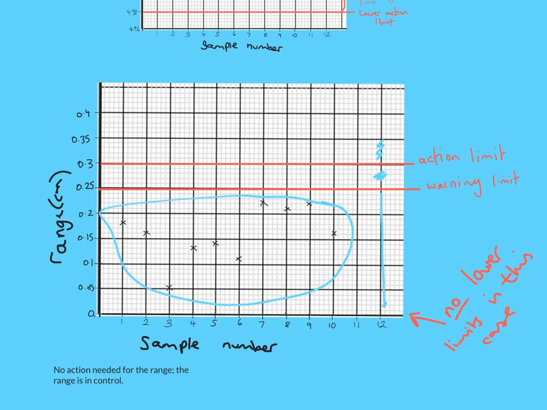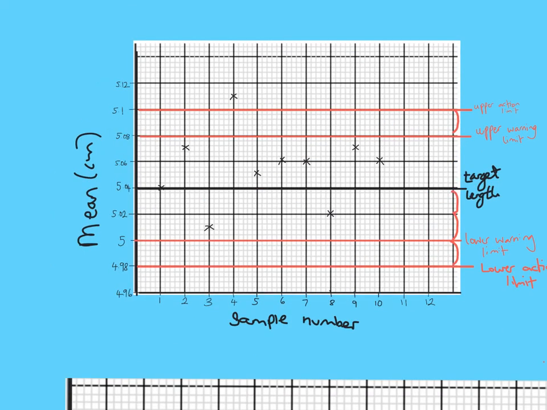Let's have a look at the mean situation. Now the majority of our data is within the limits, even within the warning limits. There is nothing in between action and warning above or below. However, I do have this piece of data here. My 4th sample is above the upper action limit.